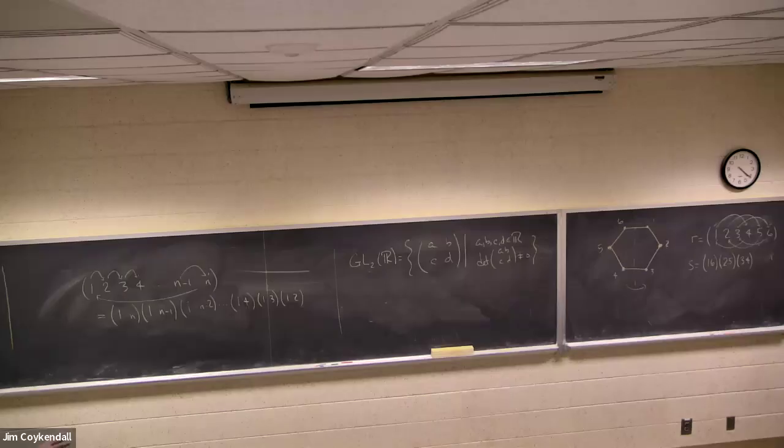If you look, that fancy notation of GL2R, I just mean 2 by 2 matrices where the determinant is not 0. So these are all invertible, right?